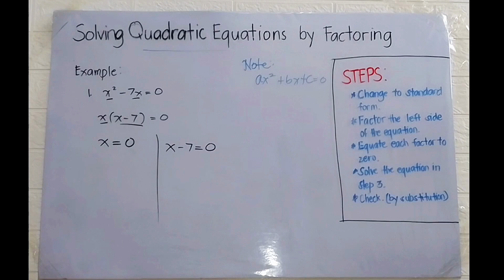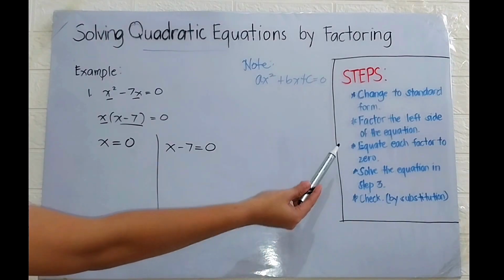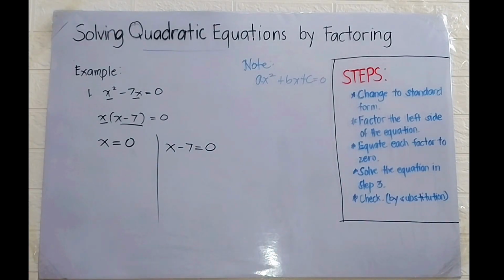Let's have the fourth step. Solve the equation in step 3. Solving equation meaning transposing or using the addition property, or making sure na dapat all the numbers or letters, especially letters on the left side or right side, is just x.